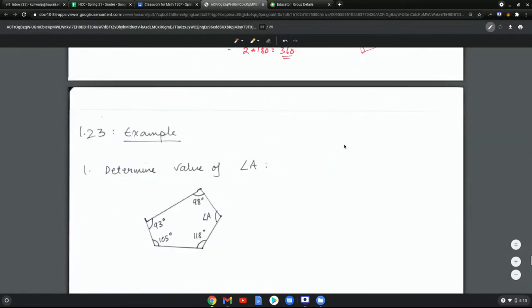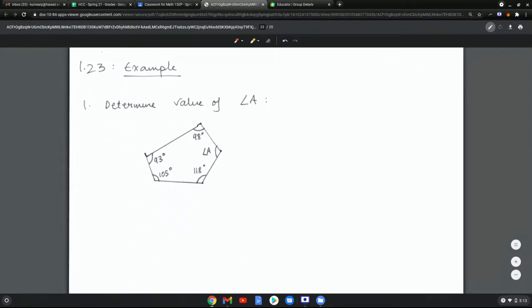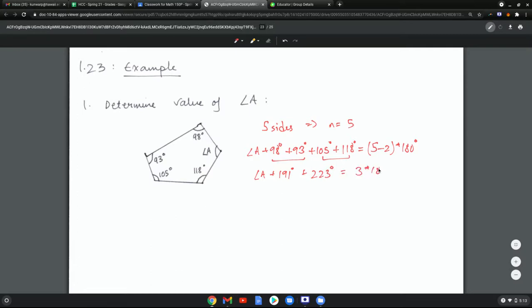We'll look at an example here. Find the value of A. So first of all, there are 5 sides, which means n equals 5. So angle A plus 98 plus 93 plus 105 plus 118 should equal 5 minus 2 times 180. That's angle A plus, let's combine these, it's 191, combine these, that's 223, it's 3 times 180.